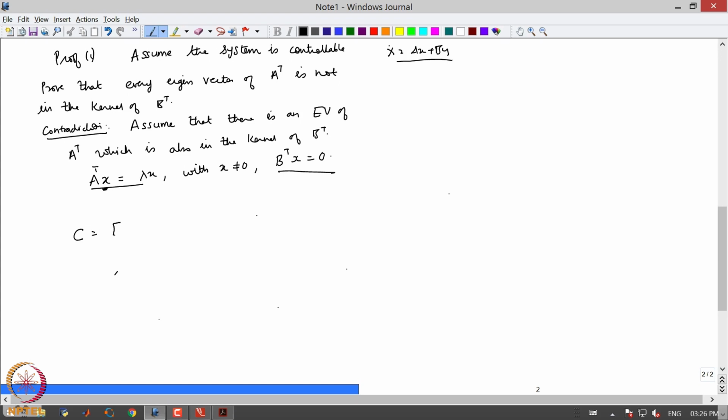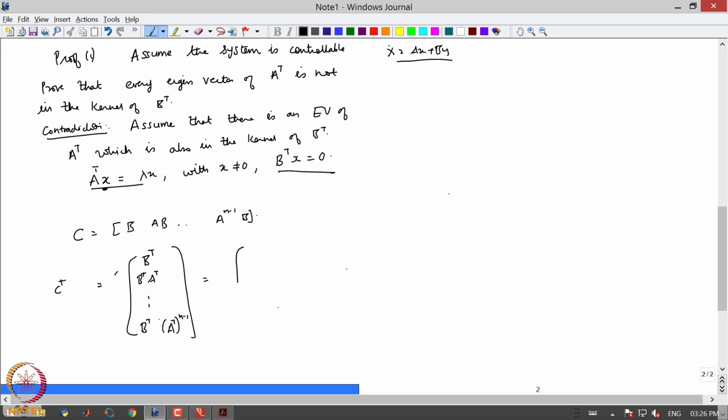C was B, A B, and so on until A to the power n minus 1 B. C transpose I can write as B transpose, then B transpose A transpose, these are all transposes, all the way till B transpose A transpose to the power n minus 1.